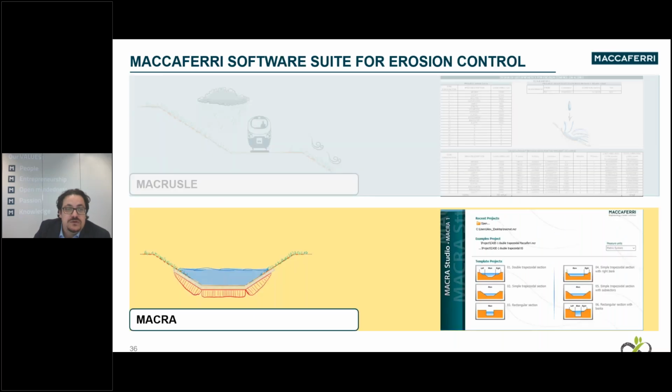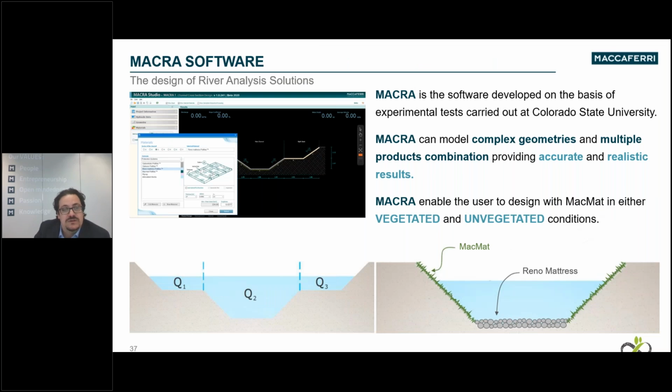And also our Macra software tool is something a little bit more complex. The Macra software is based on the Colorado State University tests, which are tests done in channels in order to understand the highest shear action that can be withstood by the product.